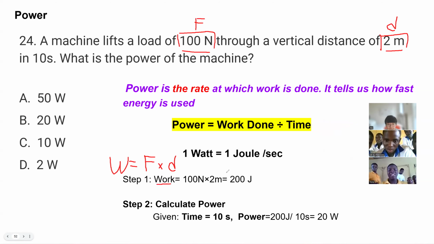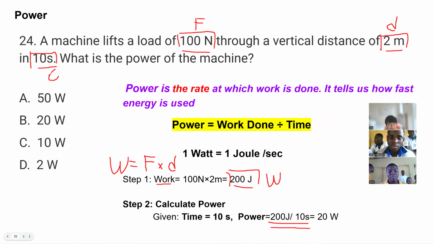So the work done is 100 times 2, which is 200, and we divide by the time, 10 seconds. Remember, power equals work over time. We found work to be 200 by force times distance, and power is 200 divided by 10, which is the time given over here. And we get 20, so it is B.